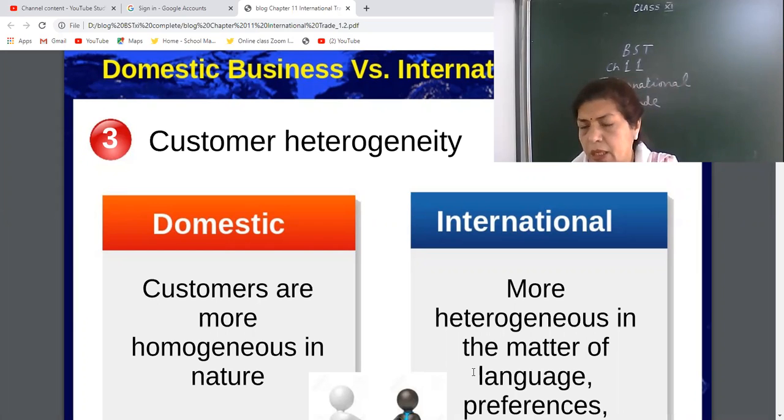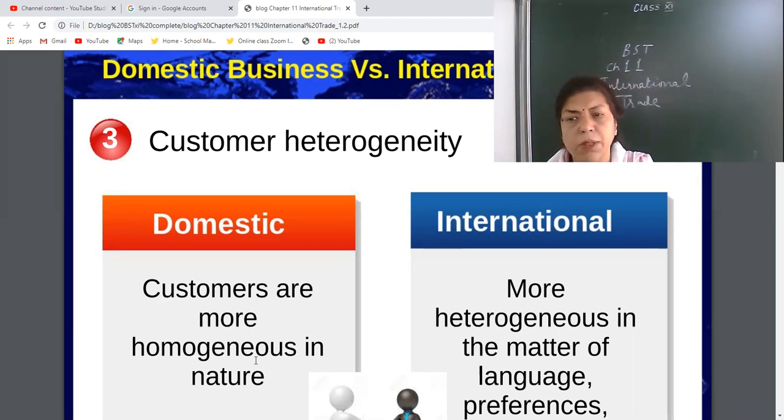You can take Chinese dishes for one or two occasions only, not on a regular basis. Italian food also, fashion also. If we are living in India, we prefer those trends which are applicable in India because we are all homogeneous.